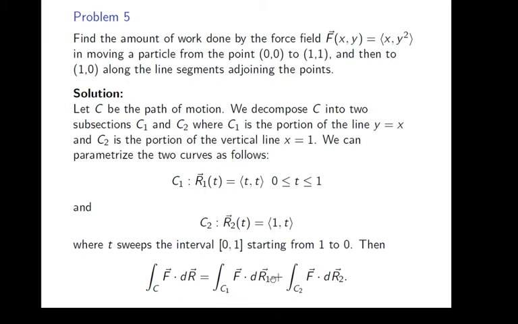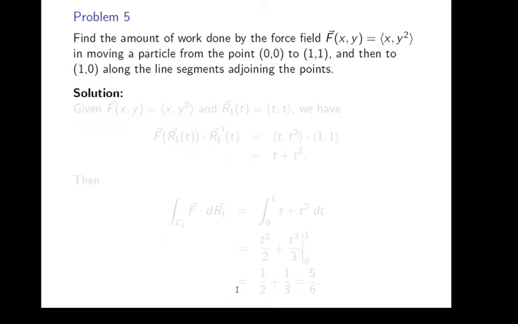So let us start with the first line integral. We are given F to be the vector function whose coordinates are x and y squared, and the curve C1 is parameterized by r1, which is the vector function whose coordinates are t and t. Now we plug in t to x and t to y, and so we obtain (t, t squared).